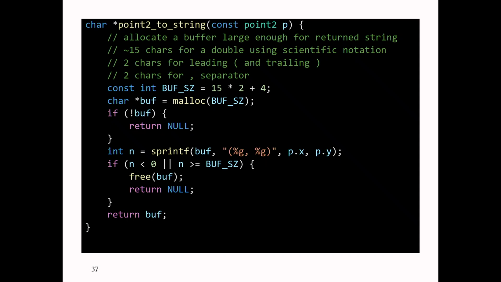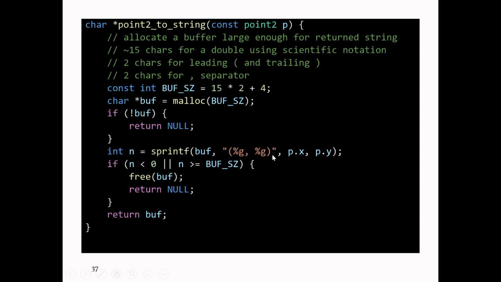This tells sprintf how to convert px and py into characters. Inside the formatting string, you can put whatever text you want. So I'm going to put in a round bracket, a comma, a space, and a round bracket.